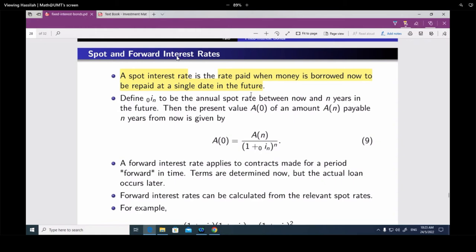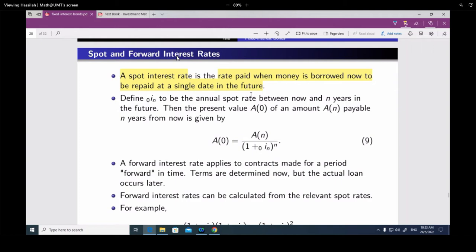Borrow now, repaid at a single date in the future. So that rate employed we call spot interest rate. Memang spesifik punya rate. Kalau yang kita belajar sebelum ni interest rate, memang kita bayar in the future juga, tapi itu rate secara umum. Tapi kita ada spesifik kontrak yang menggunakan spot rate.